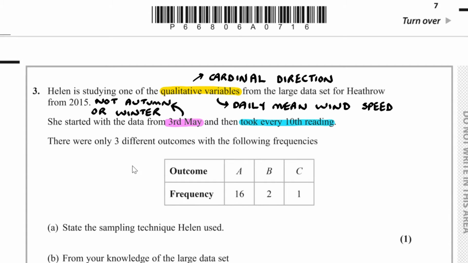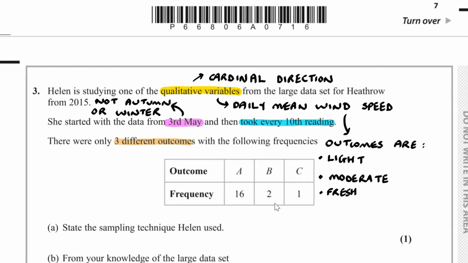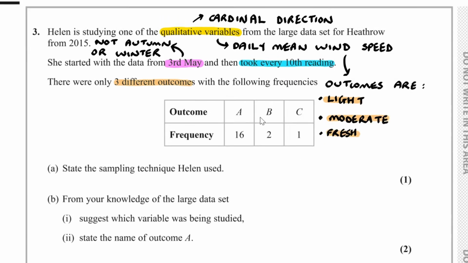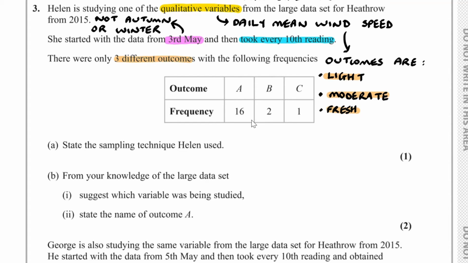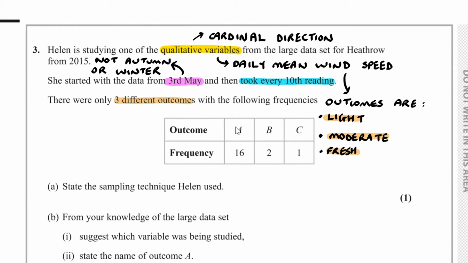Now, what else do we know? We know that there are only 3 different outcomes. What are the outcomes of daily mean wind speed? Well, the outcomes are either light, moderate, or fresh. And if we take a look at A, well, we've got 3 outcomes, so it's definitely going to be daily mean wind speed.